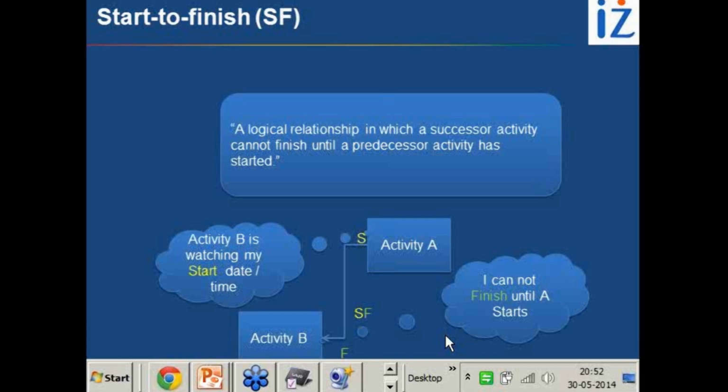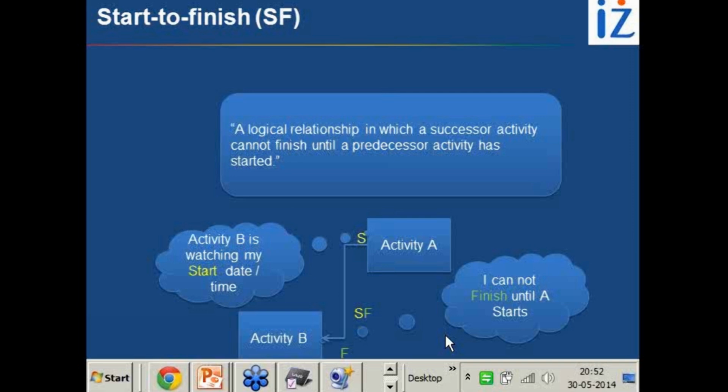You don't want to wait for design to finish, but you want to start in between. How do you achieve that? You achieve that by applying lead. So when you do fast tracking, you put the lead rule in it.